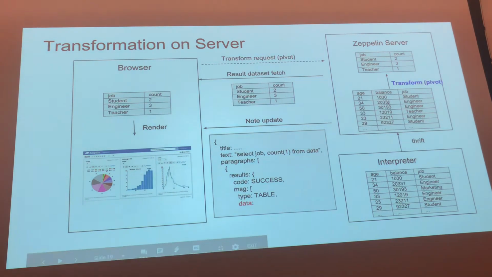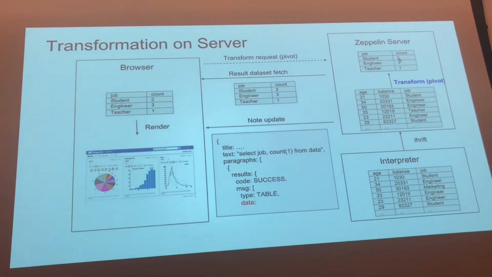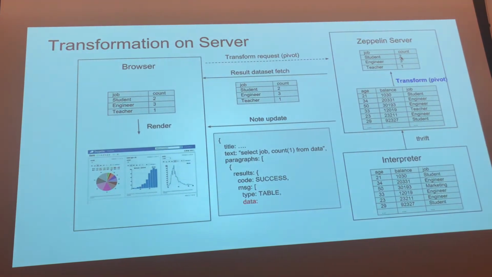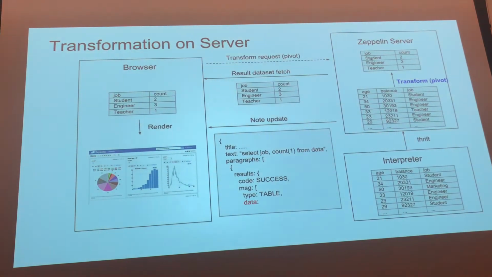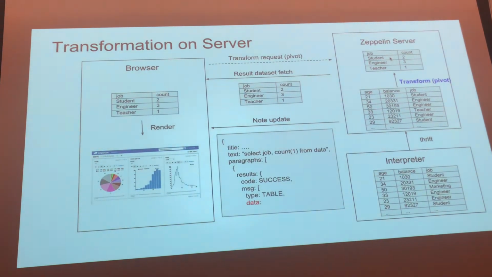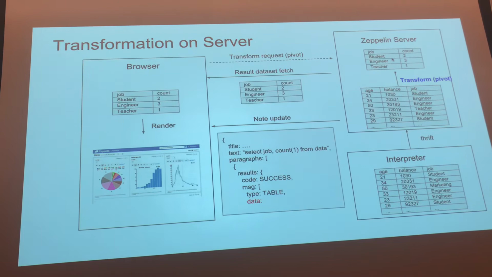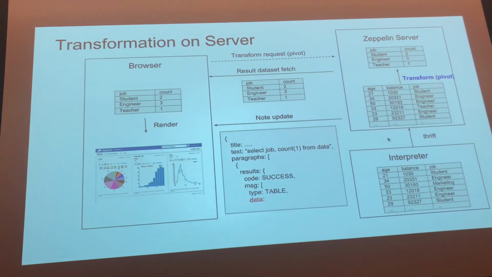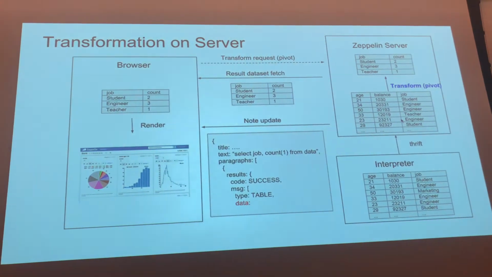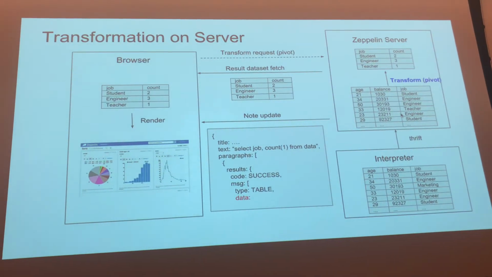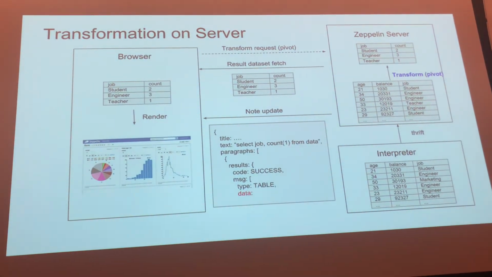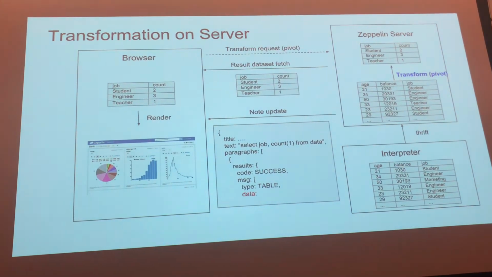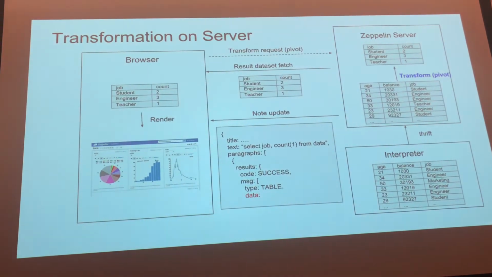But now the Zeppelin server transforms this data. Depending on how you transform, the result can be just an aggregation, the count of unique values of a field. So your data can be 100 megabytes or 1 gigabyte or even bigger, but your transformed result can be just 10 rows.